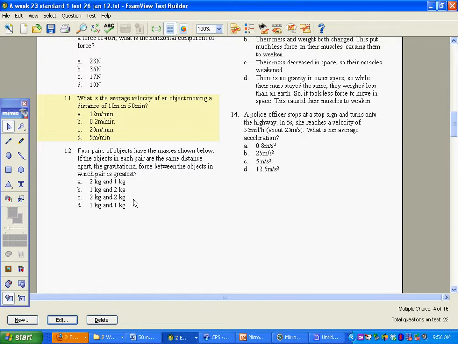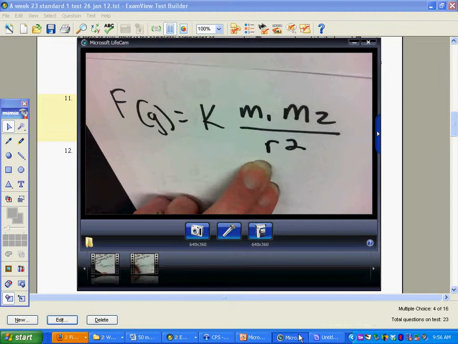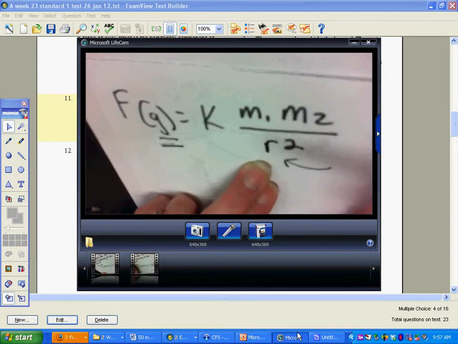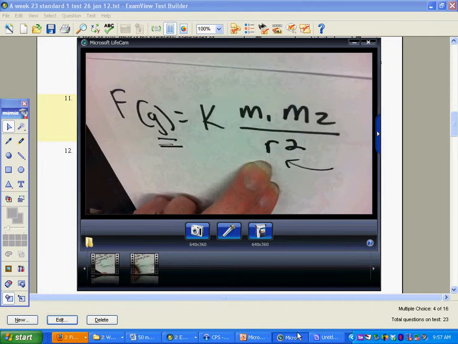Okay, you know that you're going to get a question that's going to ask about the radius. As something gets farther apart, your radius becomes what? Larger. So what happens to the gravity between those two objects? It gets what? Weaker. Because this number on the bottom gets big. Y'all see that? Okay, so remember, they like to do this.